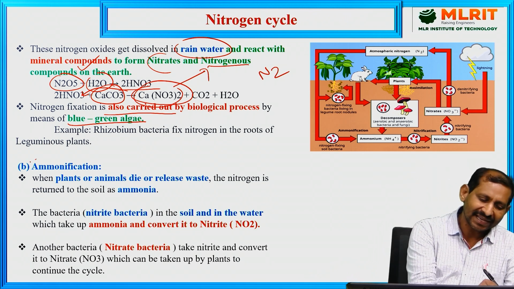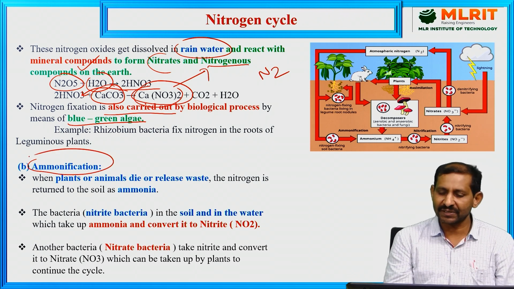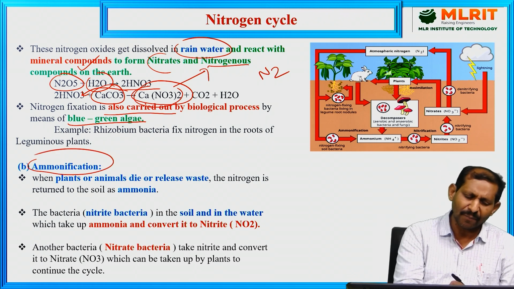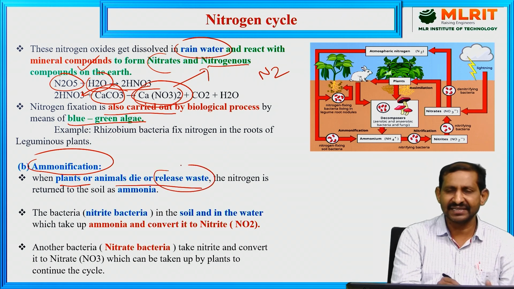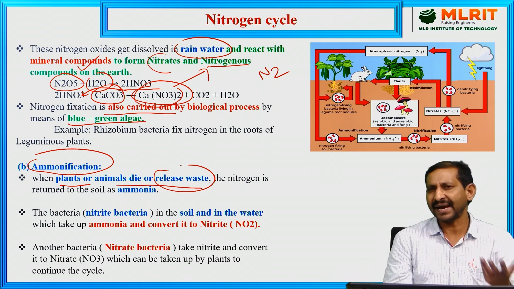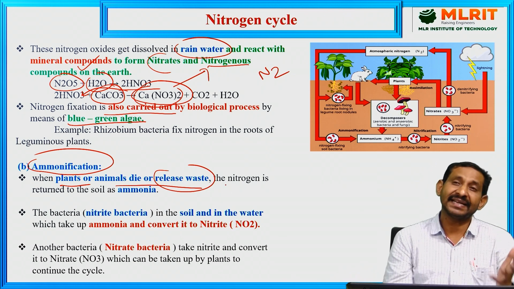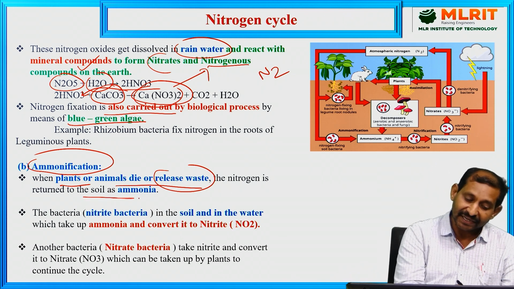The second process is ammonification. After plants and animals die, they release a lot of waste containing nitrogen, which is returned to the soil.